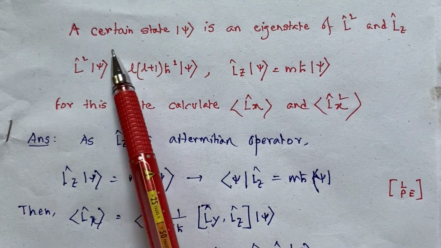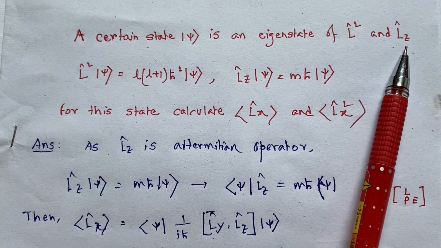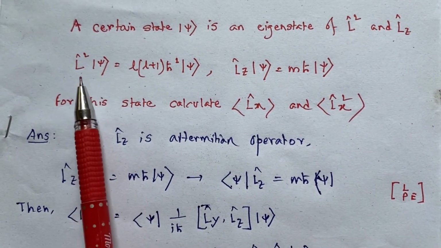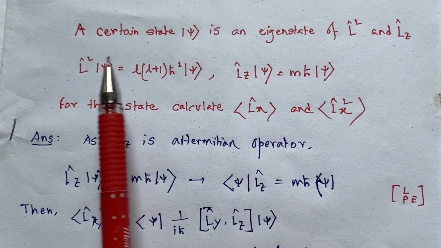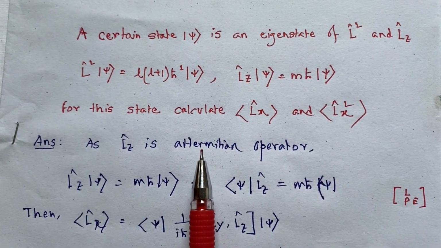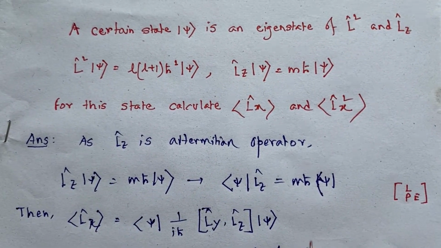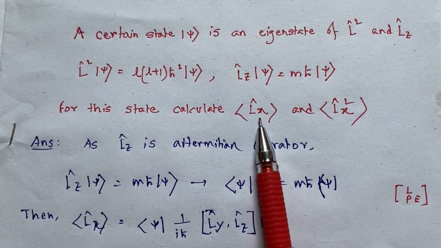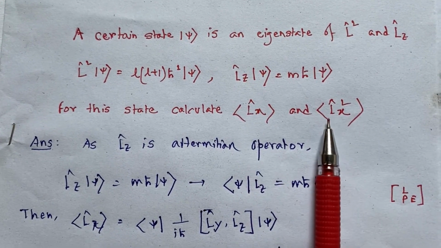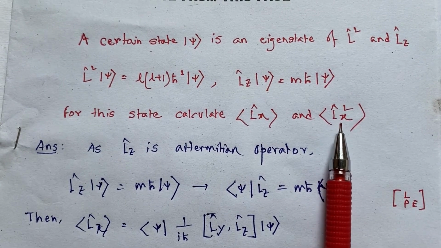The problem is: a certain state psi is an eigenstate of L square and Lz, where L square and Lz on this state psi satisfy these relations. Now for state psi, we need to calculate the expectation value of the Lx operator and the expectation value of Lx squared.